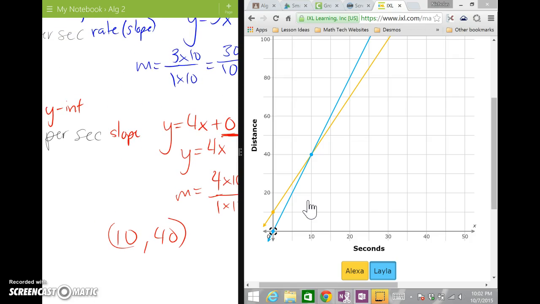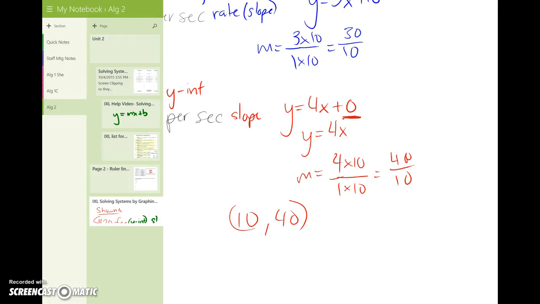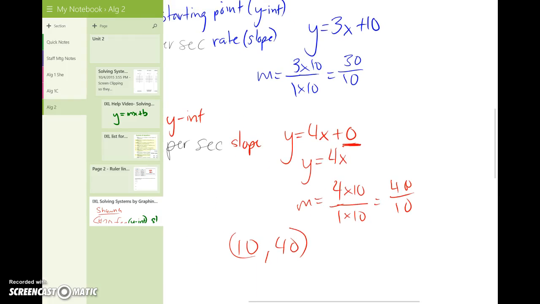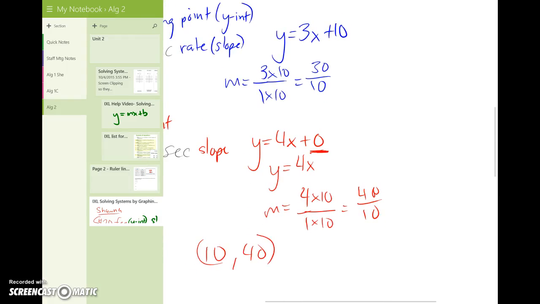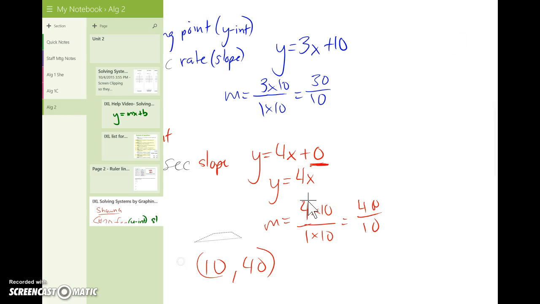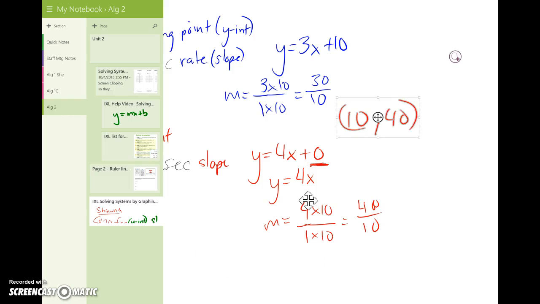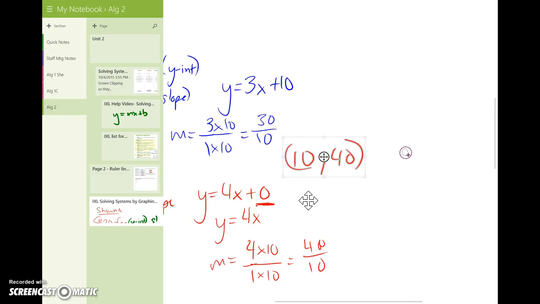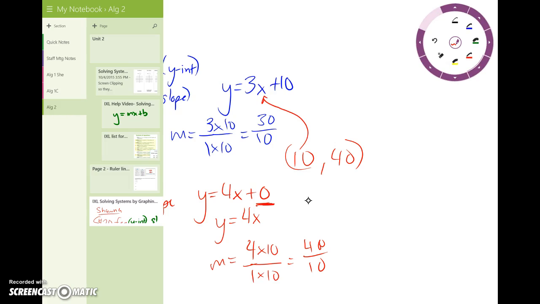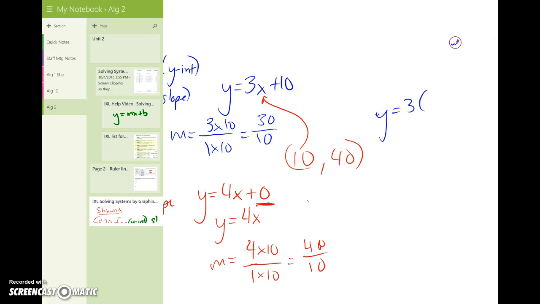Let's check our answer. Let me bring my notes back over here so we can double check it. I'm going to plug this 10 into that equation, just to double check it. y is equal to 3 times 10 plus 10.